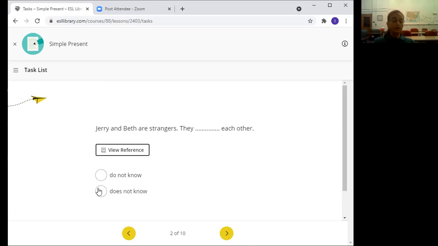So our choice is going to be do not. Jerry and Beth, and they, this is plural, third person plural, do not. And as you can see here, we use the full form. They do not know each other. Or you can also say they don't know each other.